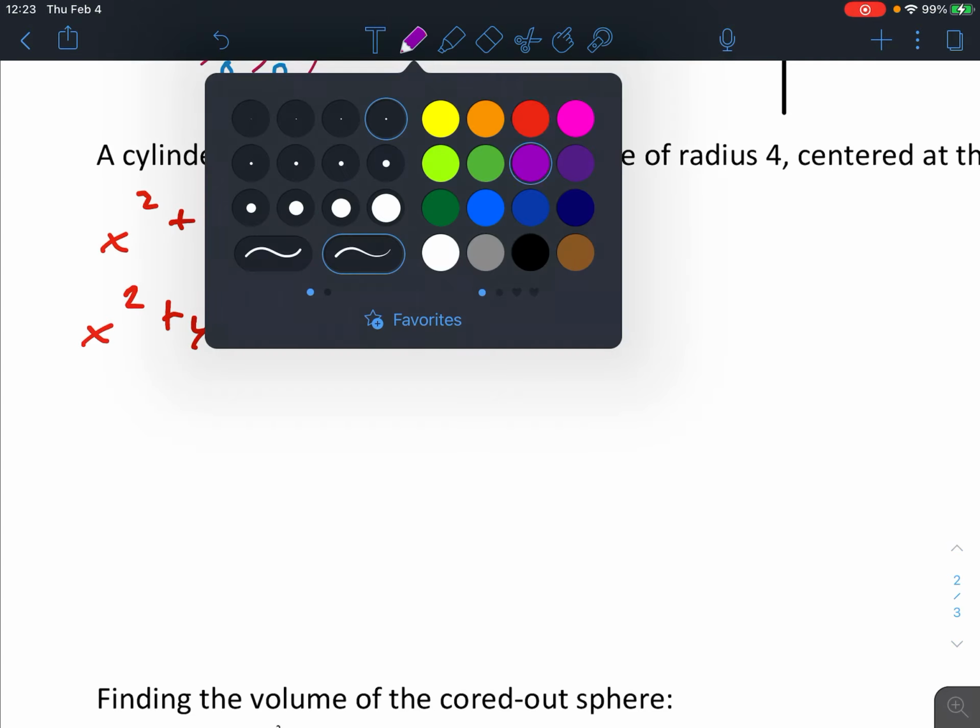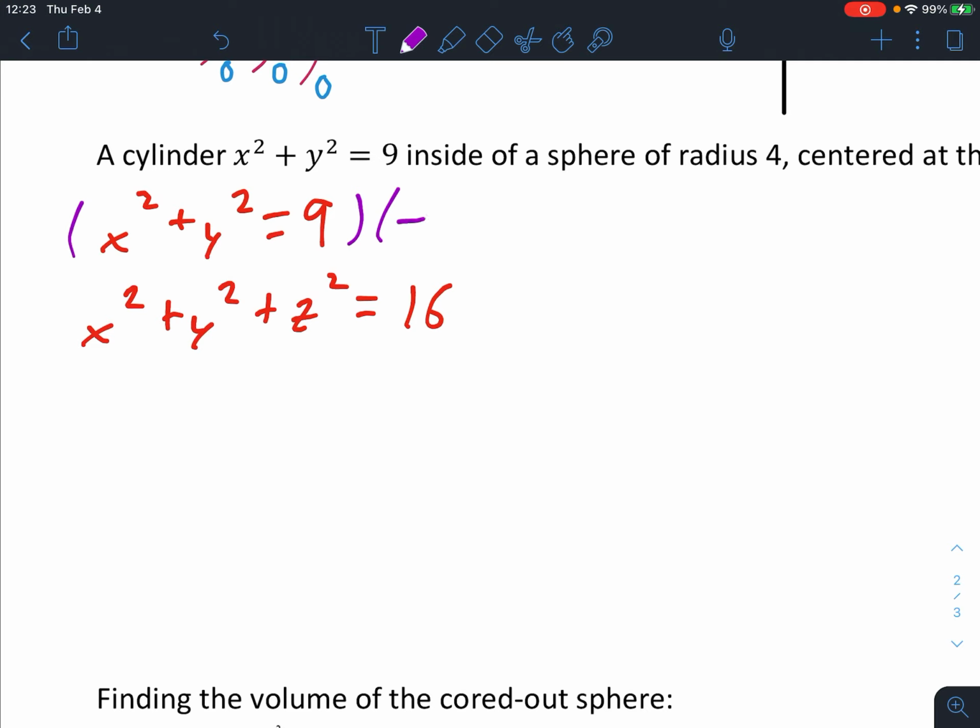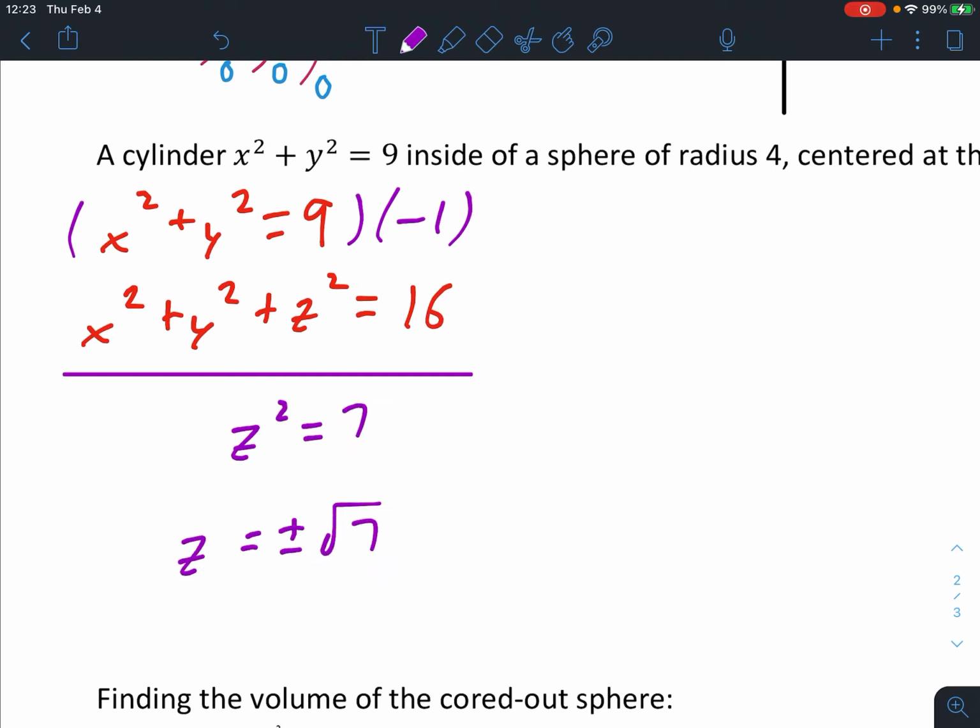Pretty simple to do here. If we multiply the top equation by -1 and add these together, z squared equals 7. So z equals plus or minus root 7. And since z equals s, that means s equals plus or minus root 7.